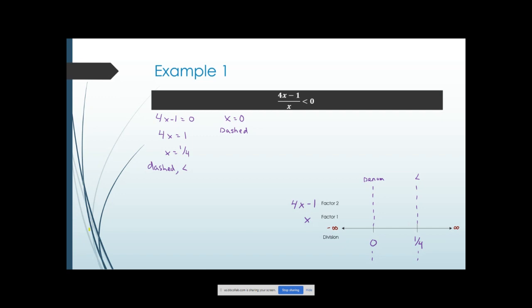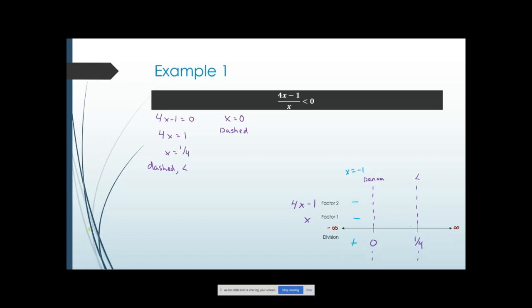So let's say we plug in -1, because that's easy to plug in. So I'm plugging -1 in for x for 4x minus 1. So 4 times -1 is -4, minus 1 is -5. So I'm going to get a minus. X, well, if I replace x with -1, that's negative. And then a negative divided by a negative is a positive.